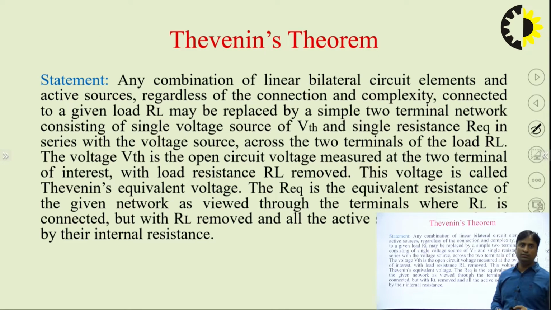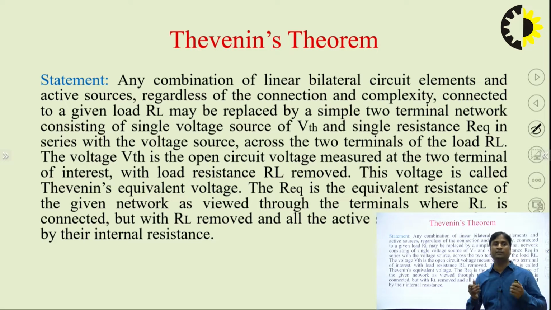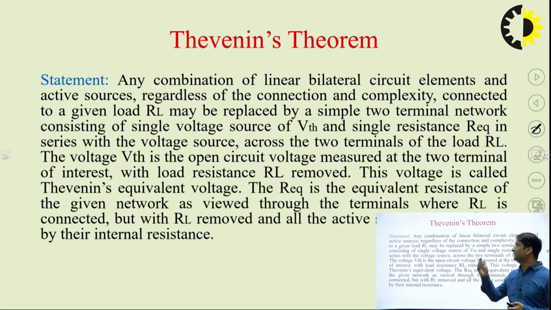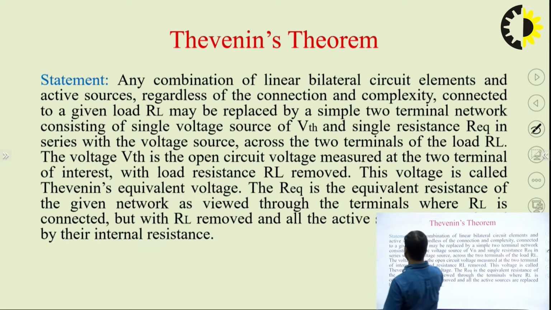Apart from these, we know there are other theorems like the superposition theorem, nodal analysis, KVL and KCL. But I have opted for the Thevenin and Norton theorems because they are very important to solve any complex network.